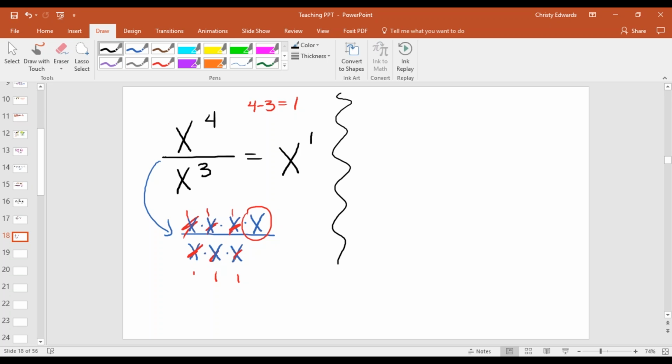But today we're going to figure out what we do if it was set up this way. What if it was this problem? And we used our shortcut. Wouldn't our shortcut still say, okay, you can do 3 minus 5, but do you agree that 3 minus 5 is -2?